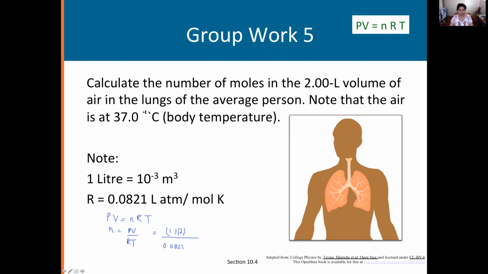Times T. The temperature needs to be in Kelvin. I have 37, so I need to add the 273.15. Sometimes we leave out the 0.15, it just depends on the number of significant figures you need. I'm going to write it in here for now. Okay, you need to put all that in your calculator, and you should be able to get your answer and check against mine.